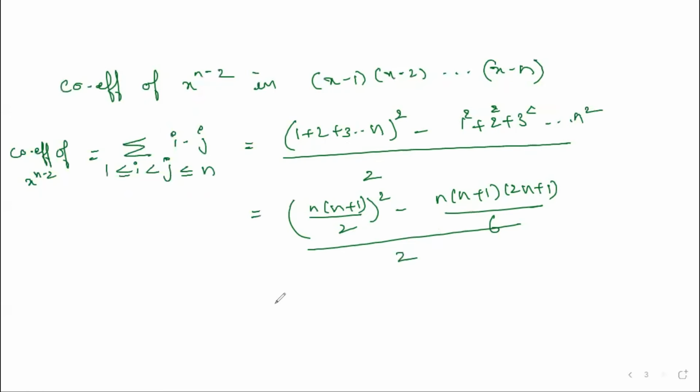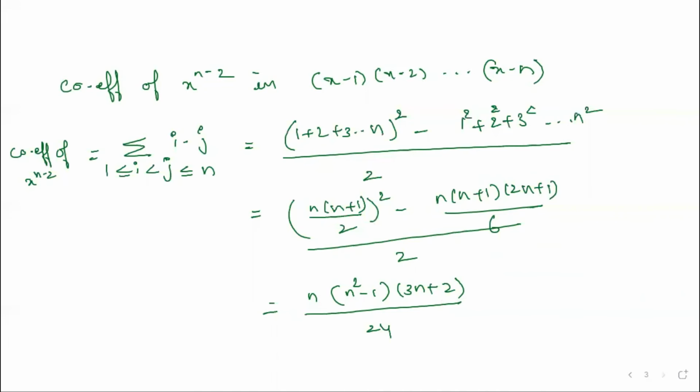On simplifying this, you will arrive at a general expression in n, that is n into (n square minus 1) into (3n plus 2) divided by 24. So if you're able to remember this expression, for the previous question directly you can plug in n as 10. But I would suggest you use the concept, and it's a very simple way to apply it.